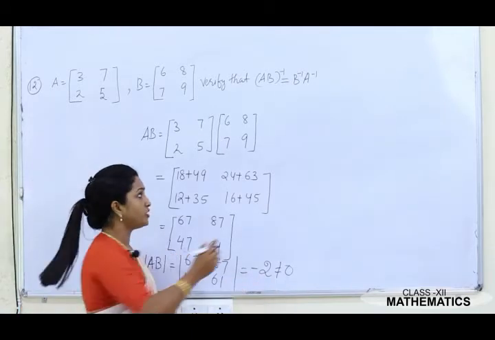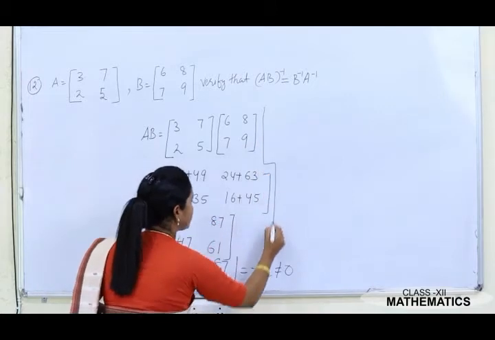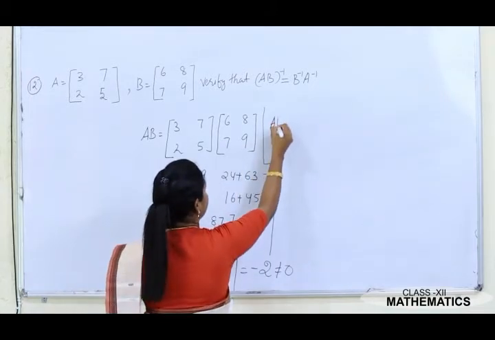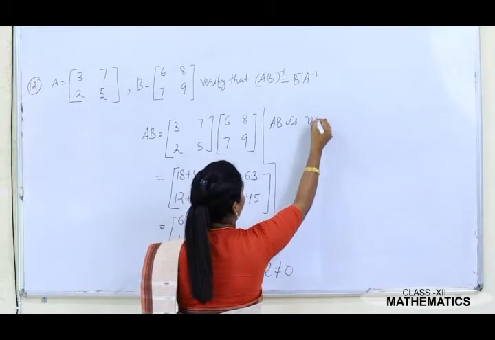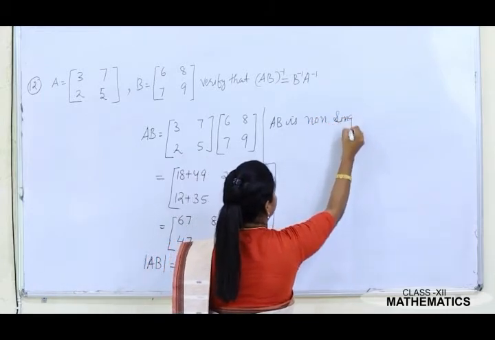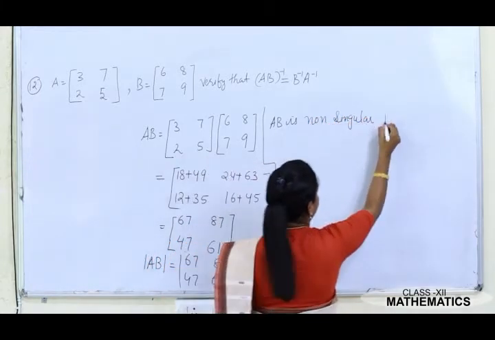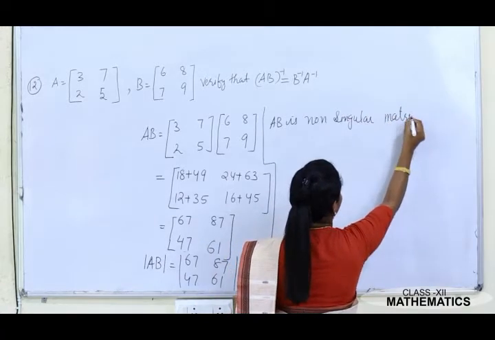So what is the conclusion? The conclusion is AB is a non-singular matrix.